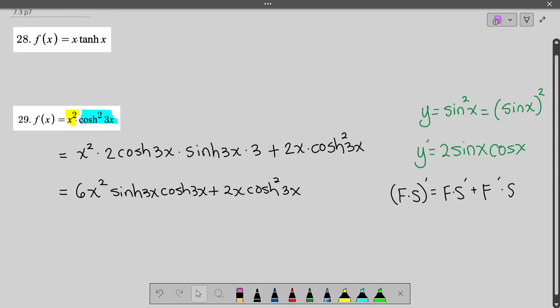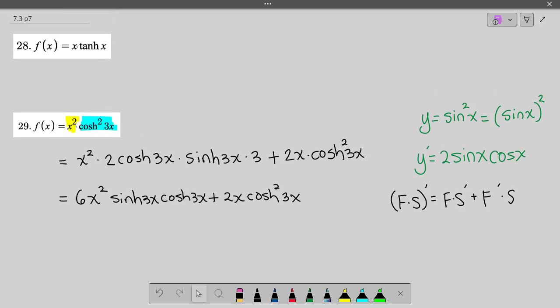That one's not quite as messy. Make sure you can execute your product rule.